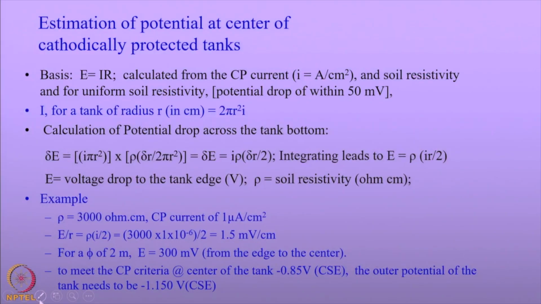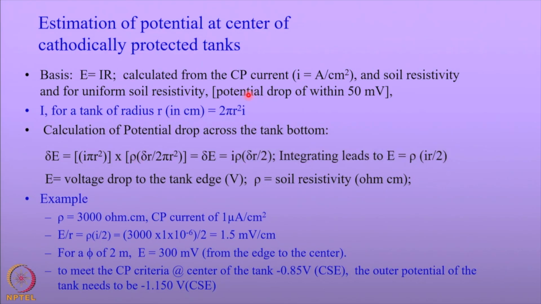The calculation of the potential at a given location is based on simple Ohm's law, E equals IR, and we can get this E value provided that we can calculate the current required for protecting the structure and the resistance offered by the soil between the two locations.